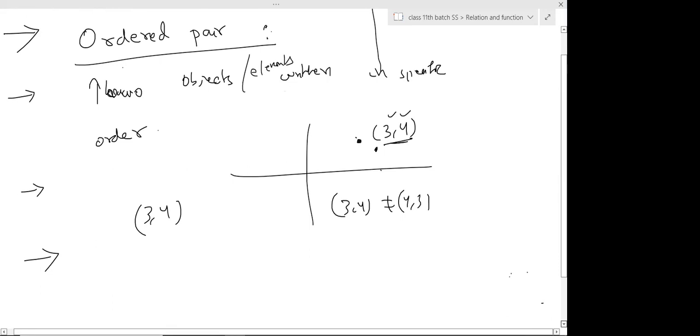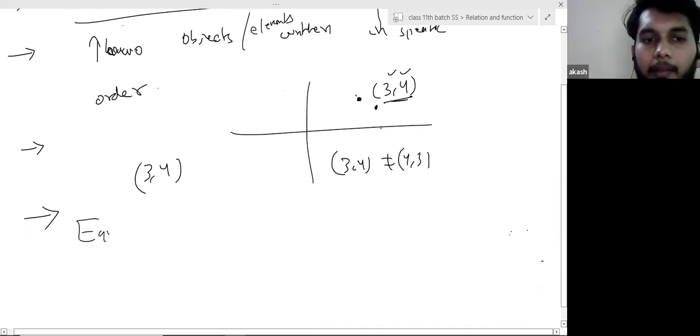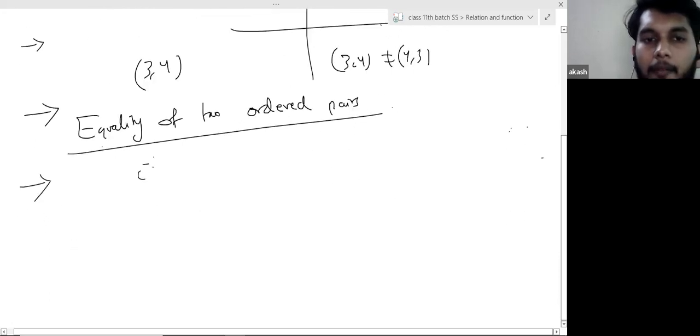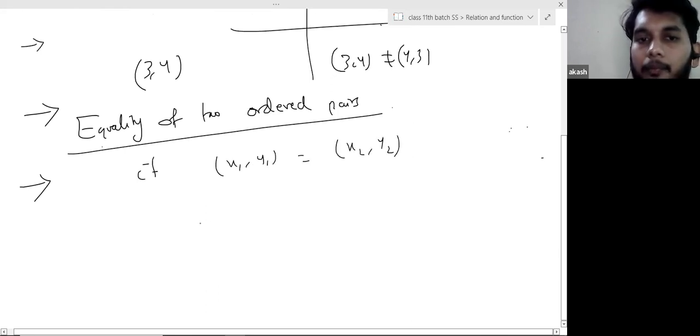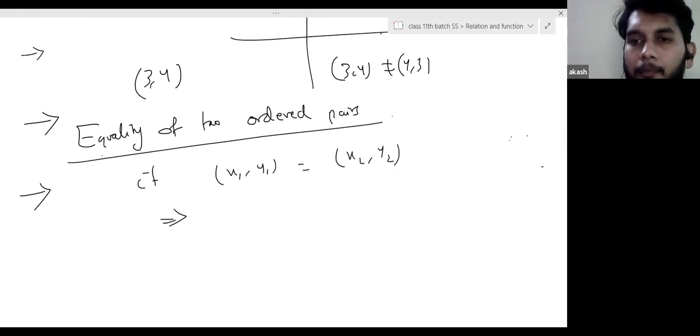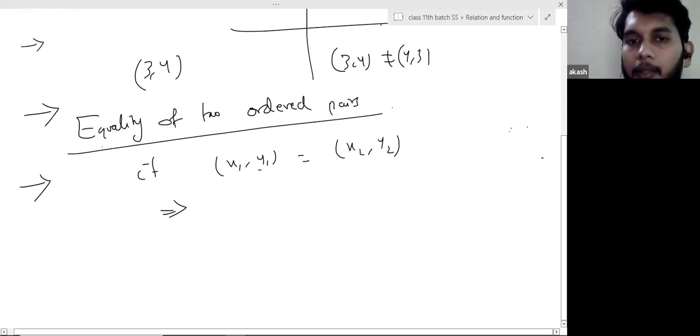Yes. All right. Equality of two ordered pairs. If x1 comma y1 is equal to x2 comma y2, can anyone tell me what will happen here? If we have two ordered pairs that are equal, the corresponding elements will be equal.